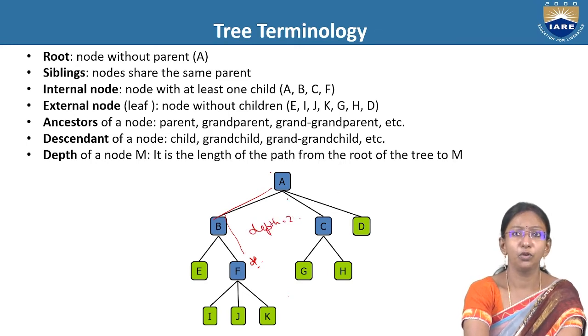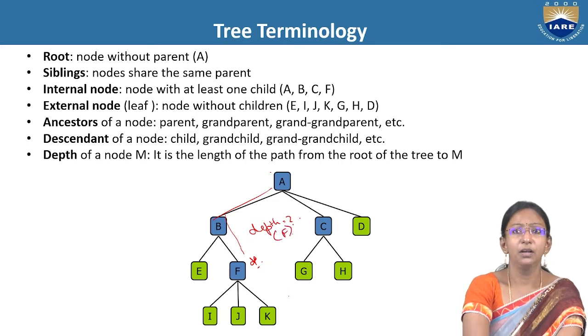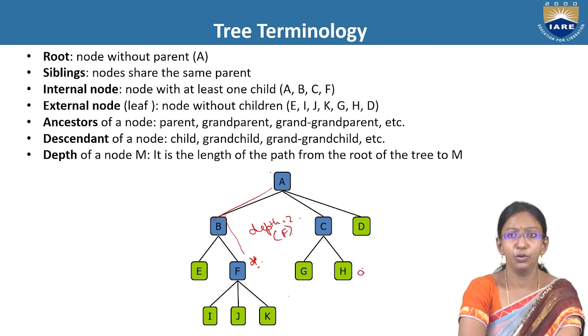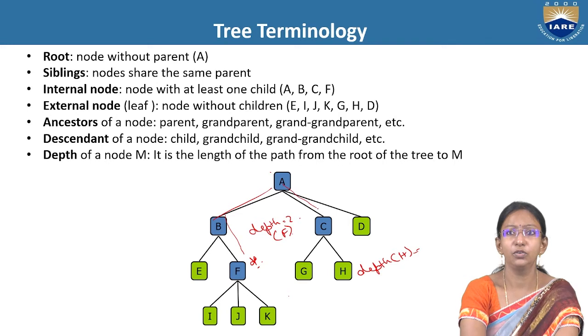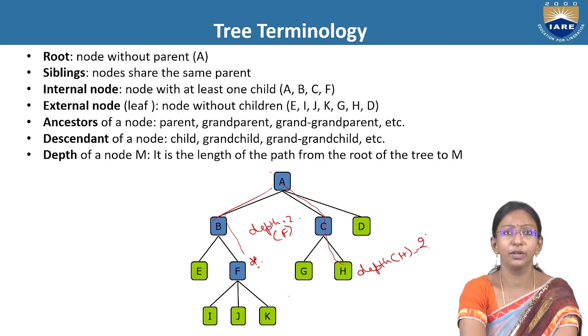For example, depth of H you want to calculate. Depth of H is from the root. Always start from the root, guys. So A to C, C to H, which is 2.